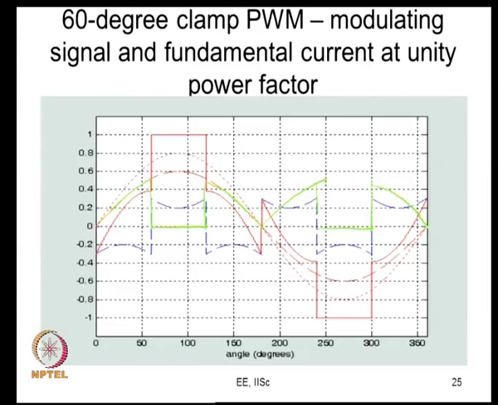If you are considering the same carrier frequency as the fundamental, then what happens? You actually save 50% of the switching loss. Now, this is the local switching loss if I consider the carrier frequency to be the same as the conventional.